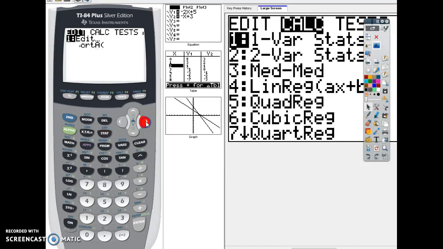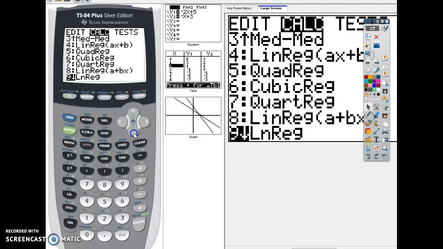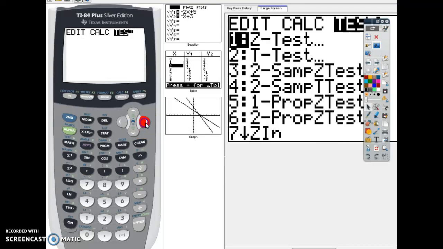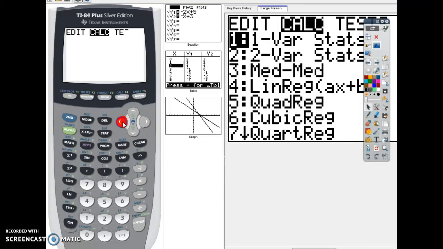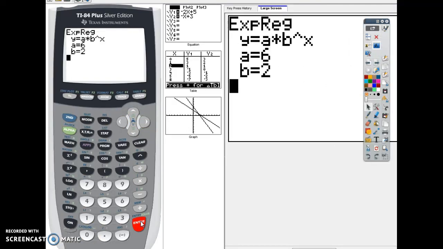Stat, calc, 0. If you go down all the way to 0, you'll see that it's exponential. Okay? Oops. Calc 0. Press the number 0, enter.